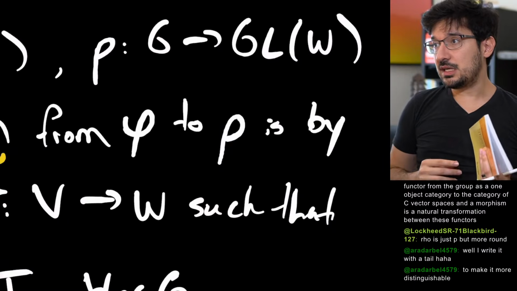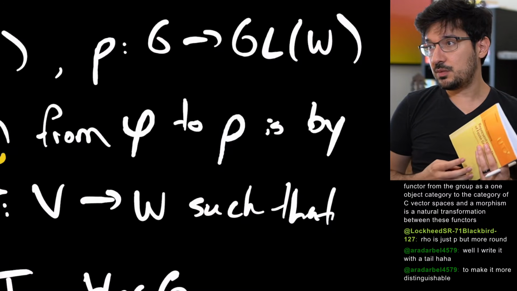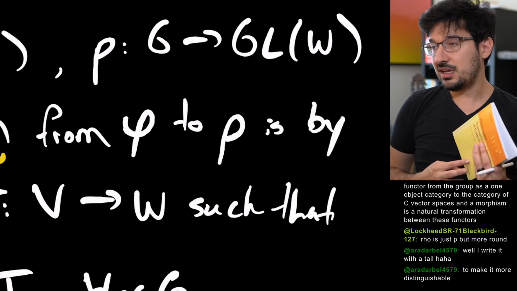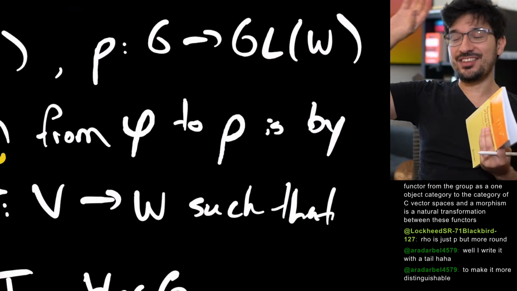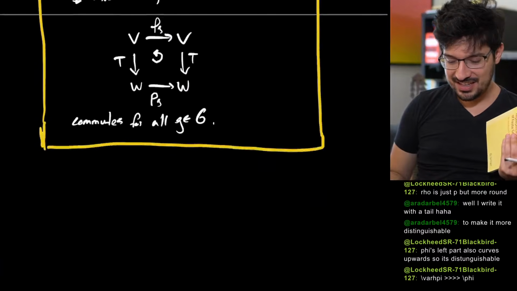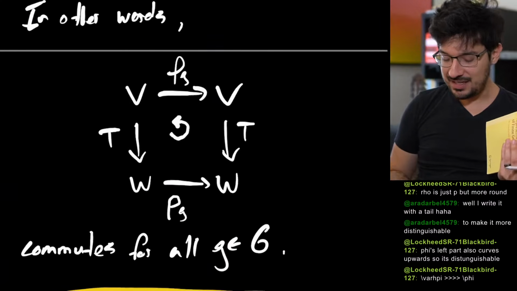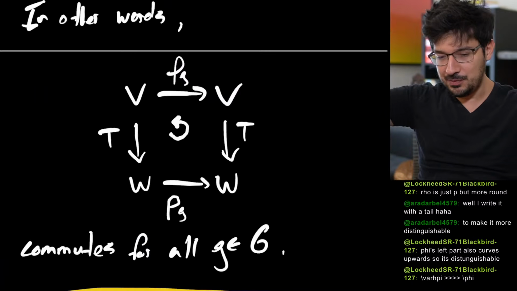We love commuting diagrams. Yeah, a representation is a functor from the group as a one-object category to the category of C vector spaces, and a morphism is a natural transformation between these functors. That's sick. See, that's a refactoring that I don't understand yet. That's a re-architecture. I understand this architecture. I understand MVC, model view controller, bro. I can understand model view model.